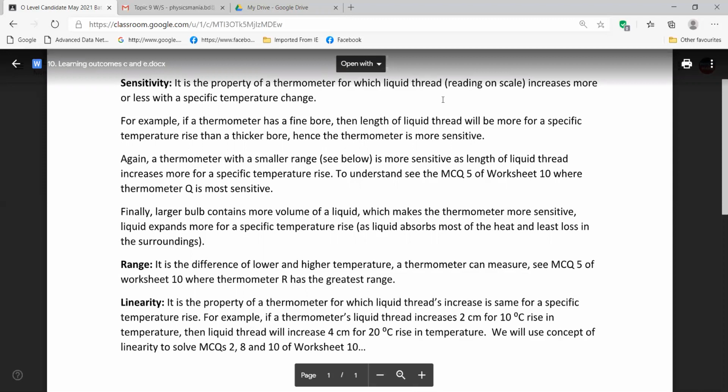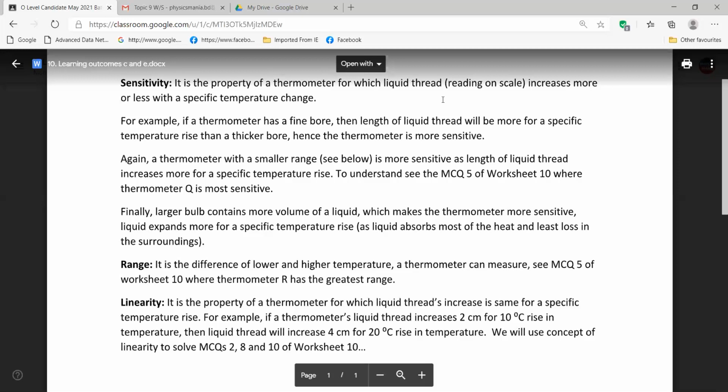For a temperature rise, like if it is increasing 1 degree Celsius, then the length of the mercury is increasing in one of the thermometers 0.1 centimeter, and in the other thermometer it is increasing 0.2 centimeter. So which one is more sensitive? The one which is increasing 0.2 centimeter.